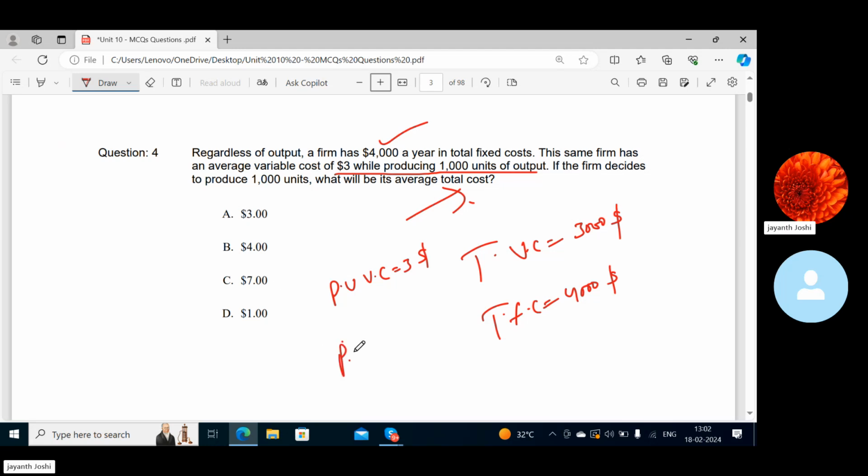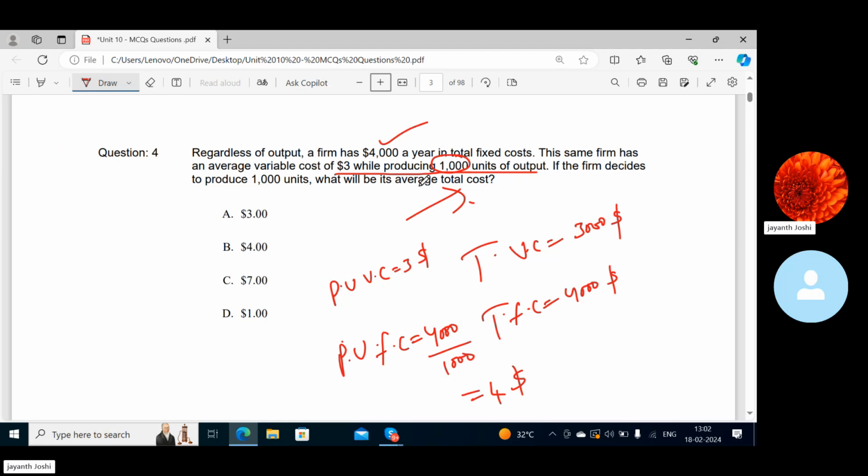I'm saying per unit fixed cost is 4,000 divided by 1,000, right? The 1,000 units of output. Yes, 4,000 is fixed cost. Per unit fixed cost is $4. See, whatever you make, it's 4,000 only, right?